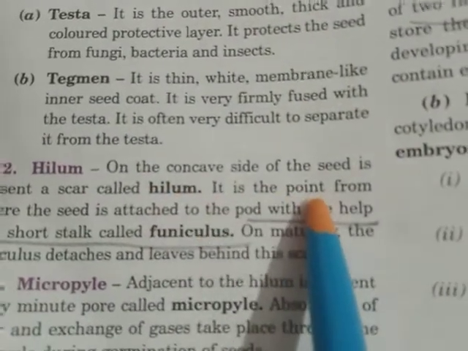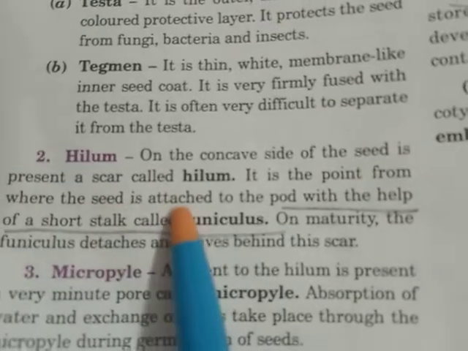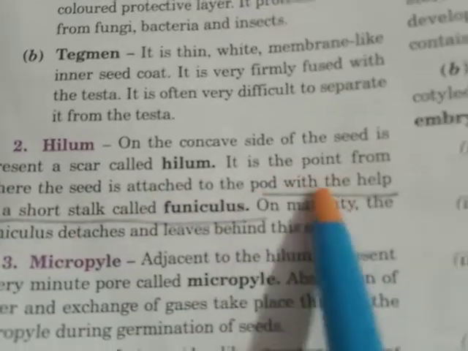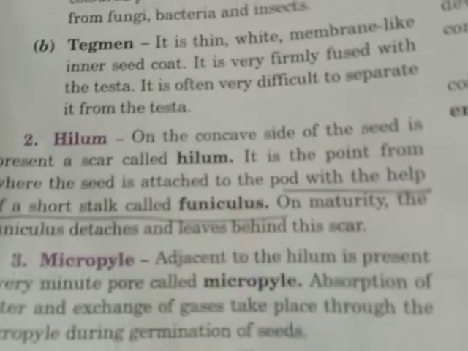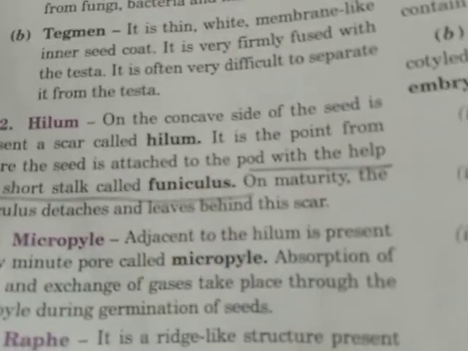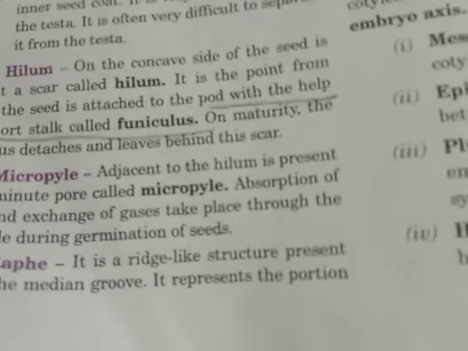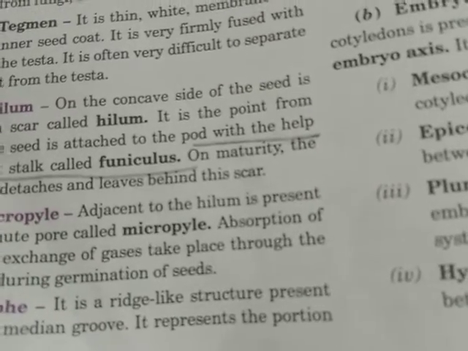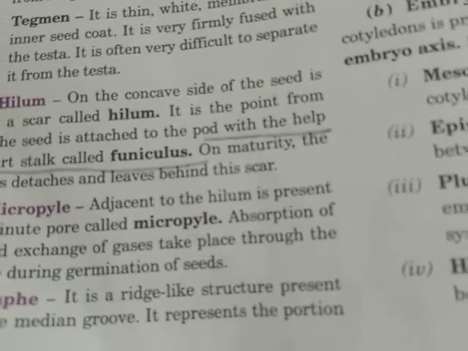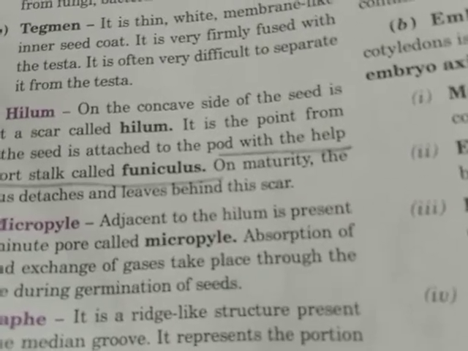It is the point from where the seed is attached to the pod with the help of a short stalk called the funicle. While we were discussing the structure of ovule, we have seen that the ovule is attached to the placenta with a stalk, and that stalk is known as the funicle.